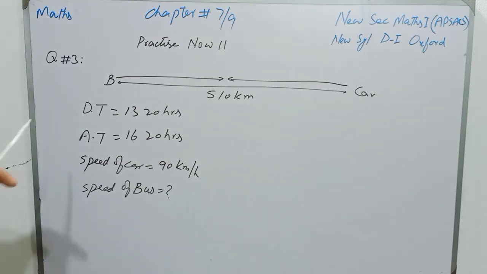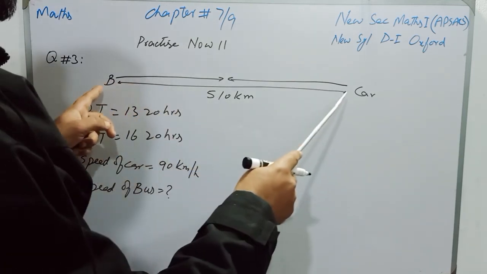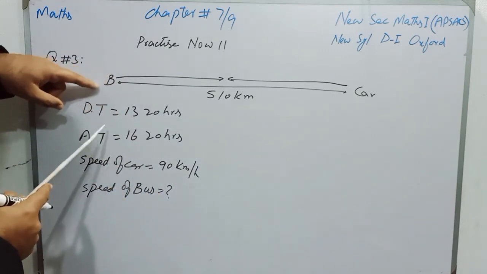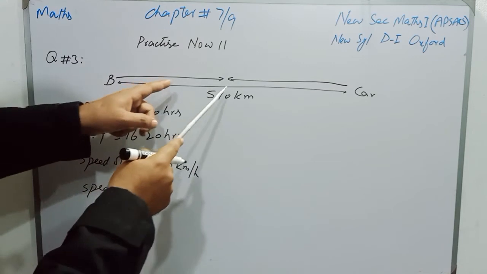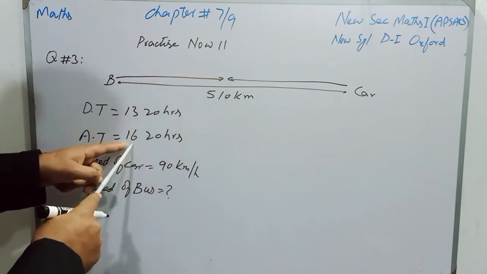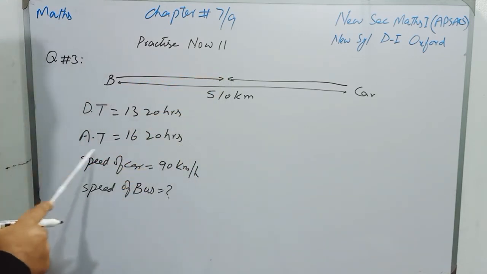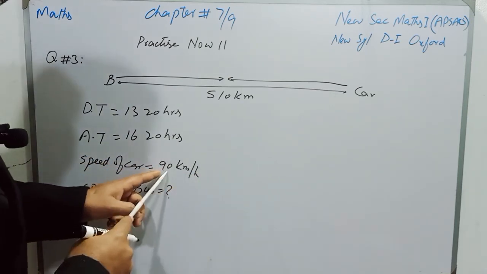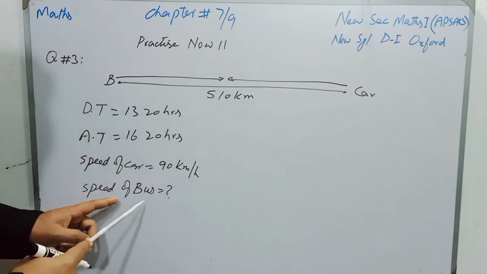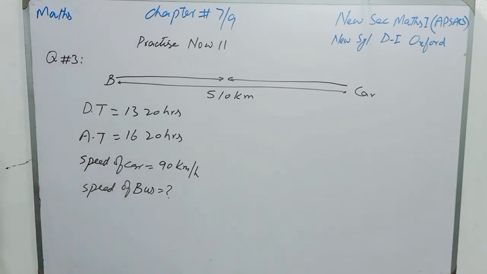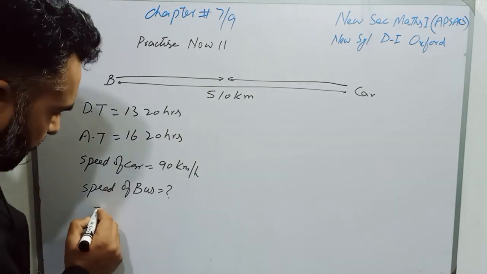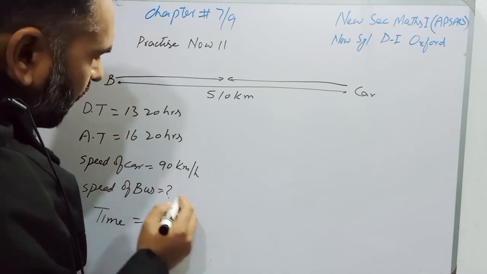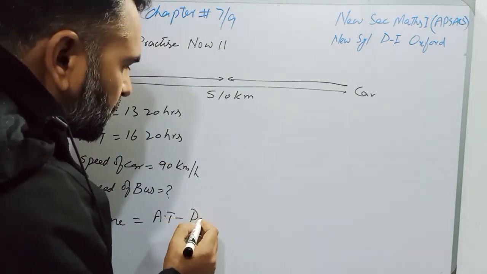Distance is given, that is 510 kilometer between car and bus, and departure time is given and arrival or intersecting time is 16:20. So by using this data, we will find time taken. Speed of car is given, that is 90 km per hour, and speed of bus we have to find. So first students, we will find time taken. Time will be arrival time minus departure time.